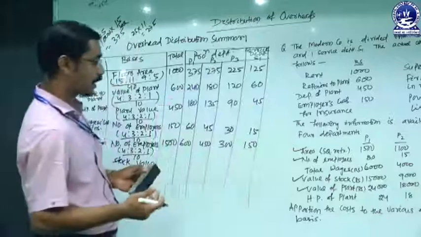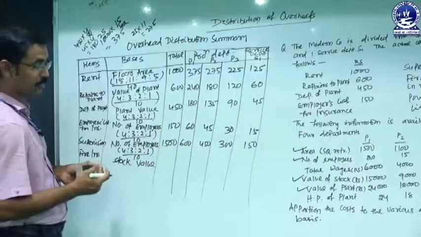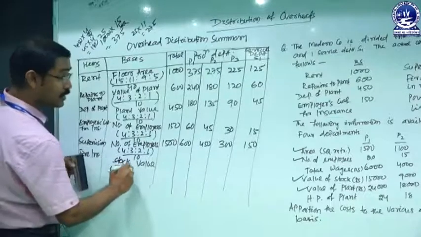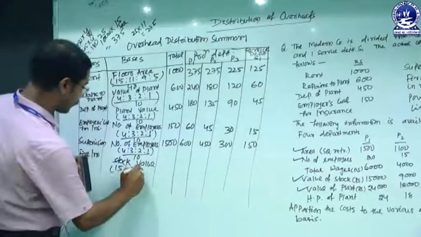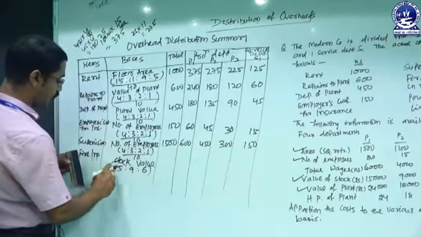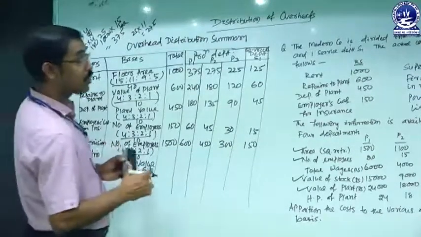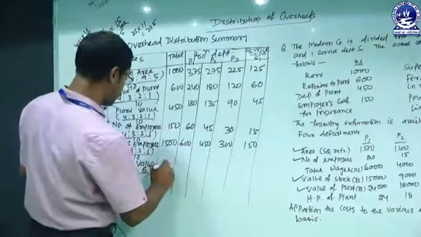S1 department will not get anything as there is no allotment. So that sum is 30. The amount of fire insurance is 500.